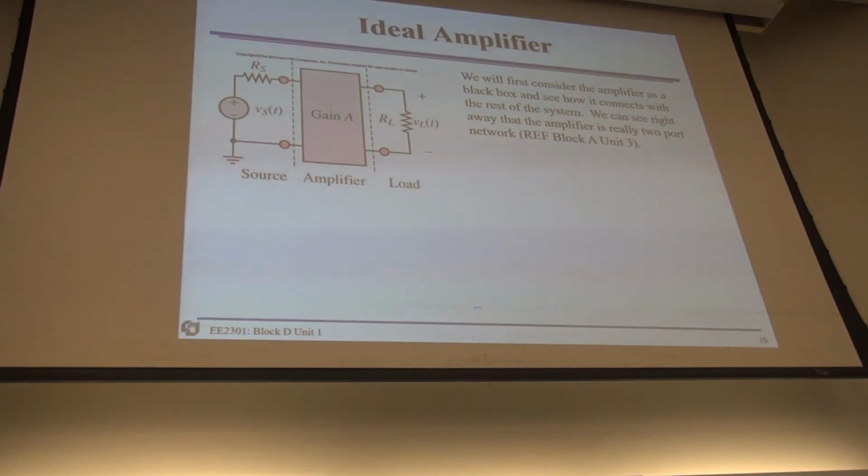So what is ideal amplifier? So you understand that ideal amplifier in here is a box, seeing how to connect to the rest of the system. So you have a gain A. So you have signal source, Vs, the source. S stands for source. R sub S is the source internal resistance.